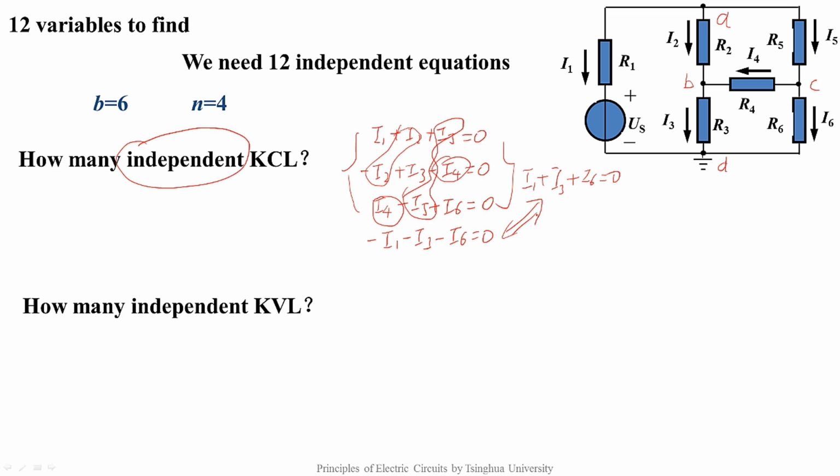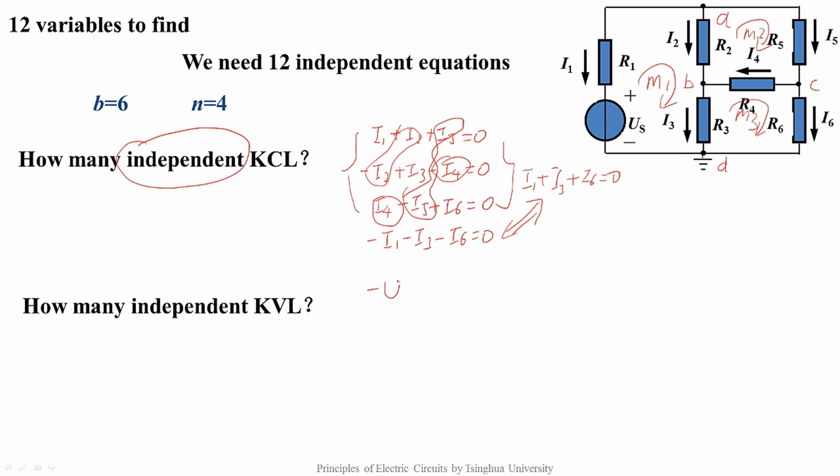Then we'll write the KVL equations. For the circuit, we first write KVL equations from the viewpoint of the mesh. We call this mesh 1, for example. This is mesh 2 and this is mesh 3. We write the KVL equation for mesh 1.